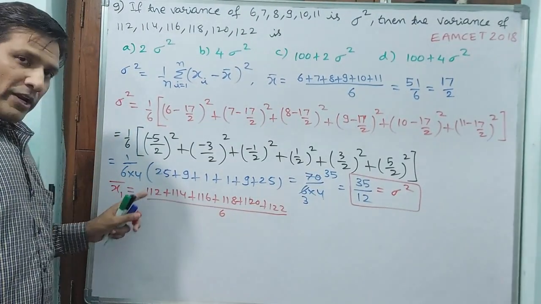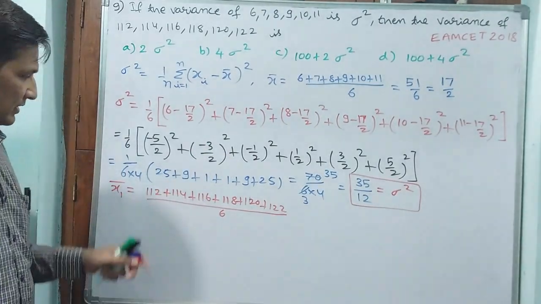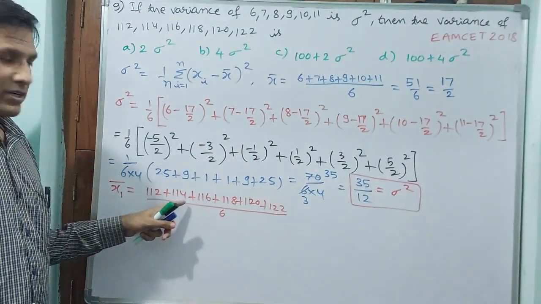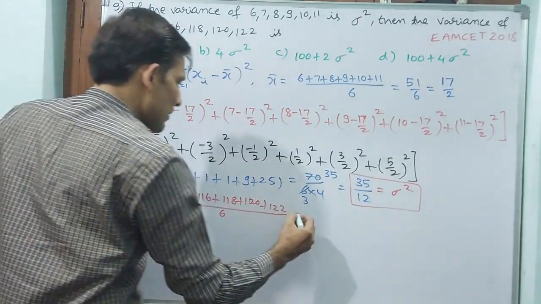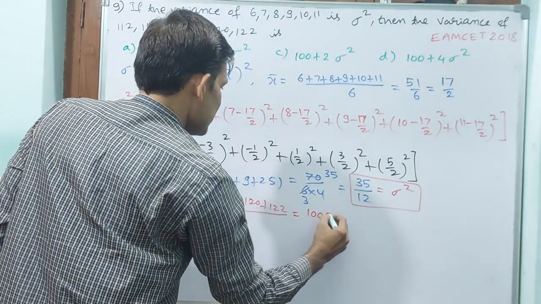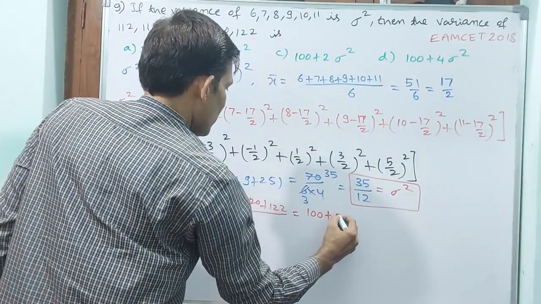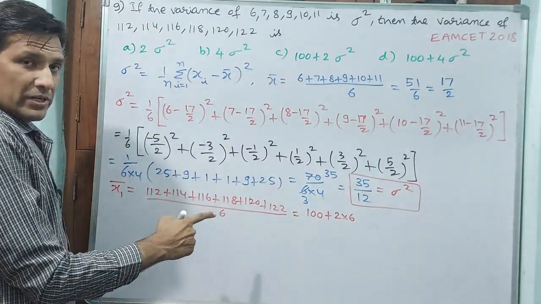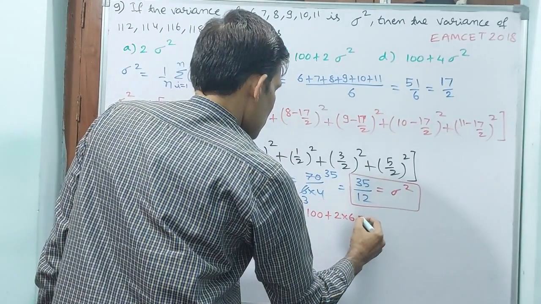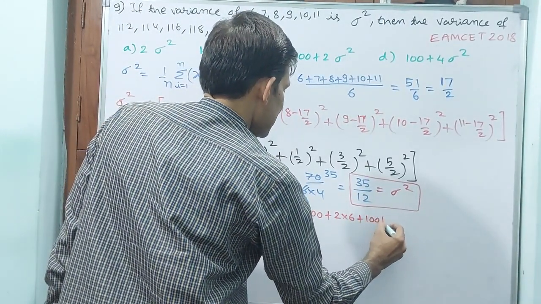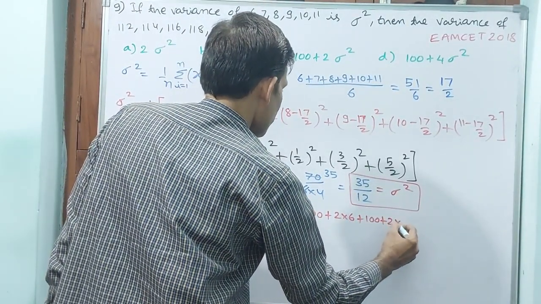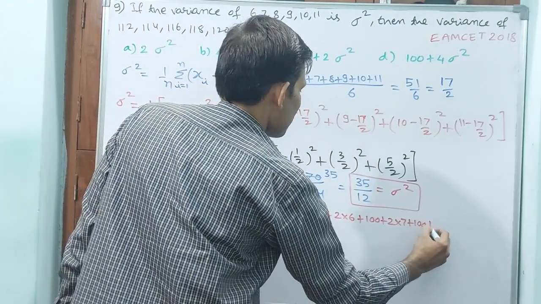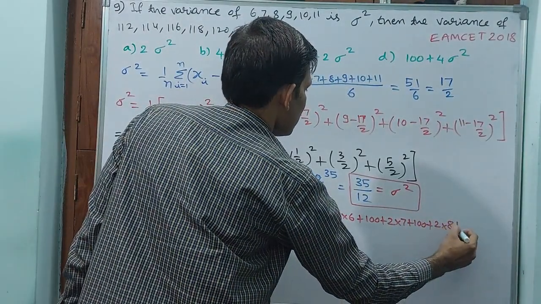If you are able to add, fine, or else you can write 100 plus 12, 100 plus 14, like that. See how I am making it: 100 plus 2 into 6, plus 100 plus 2 into 7, plus 100 plus 2 into 8, plus and so on.